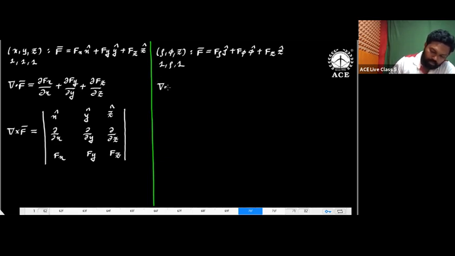So what happens to the divergence? 1 by rho into dou by dou rho of rho f rho plus dou by dou phi of f phi plus dou by dou z of rho into fz.